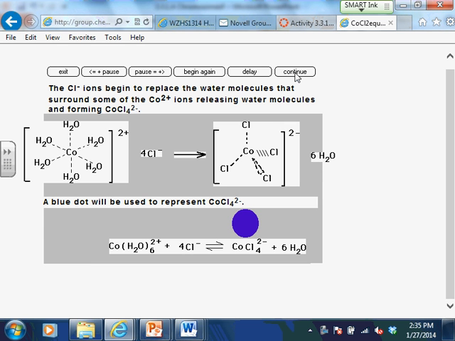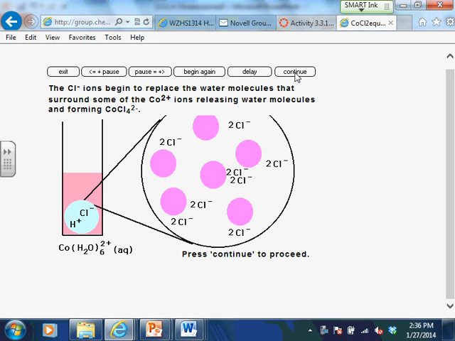If you push it to the left towards the cobalt with the water, then you're going to get a pink solution, and then if you push it to the right, so you have more of the cobalt chloride complex, then you're going to end up with a bluer solution. All right? So there are certain things that we can do to shift the equilibrium. So the answer to the first question, I guess, how does adding the Cl minus ions to the cobalt complex change the reaction conditions? It's going to turn it blue because it's making more of the cobalt chloride complex.